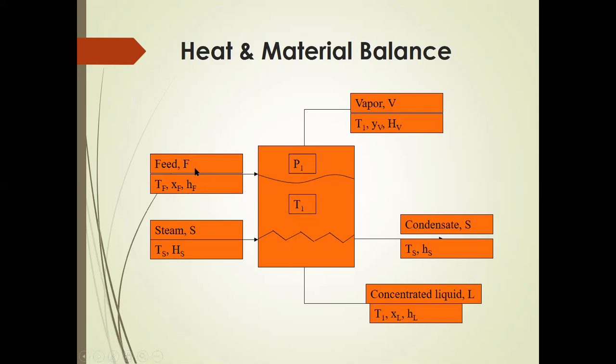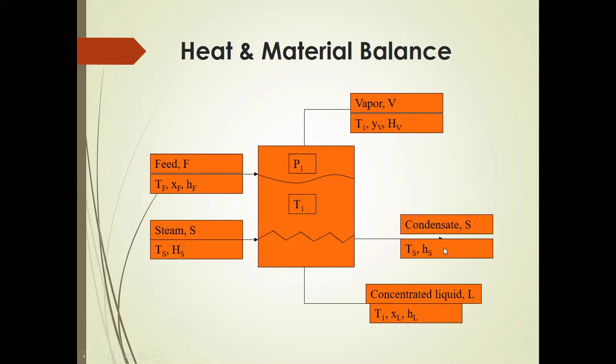Now, as for the enthalpy of the feed, it's either taken from an enthalpy concentration diagram, or it can be solved using a standard formula that you have already encountered in thermodynamics, which I will be showing to you in a little while. A simple case of heat capacity multiplied by the difference in temperature. The steam enthalpy is the saturated vapor enthalpy at the indicated temperature or pressure of the steam.